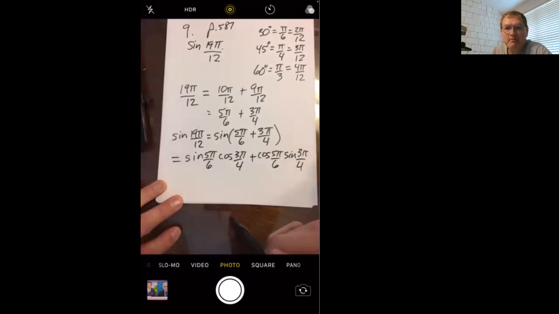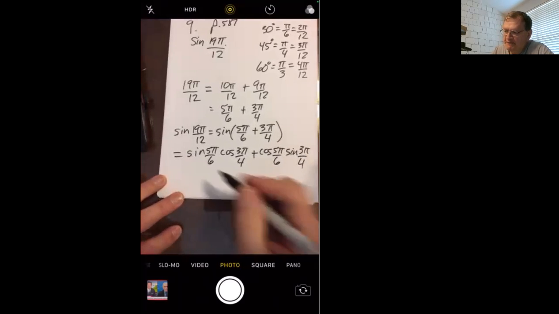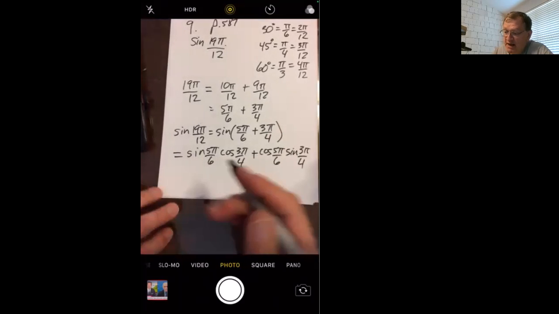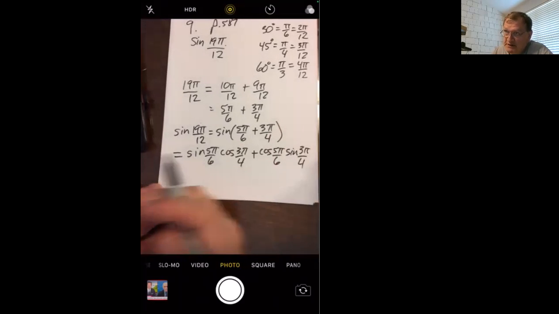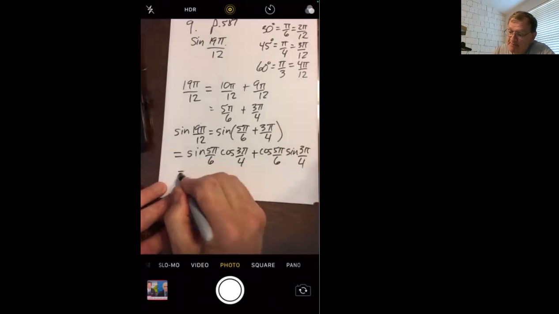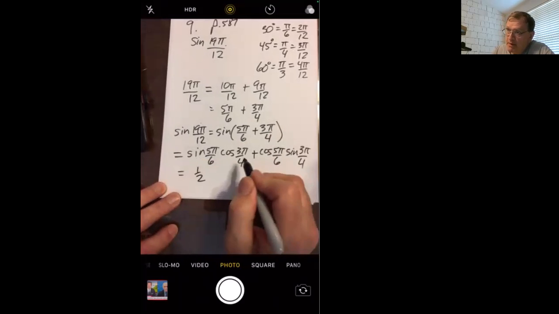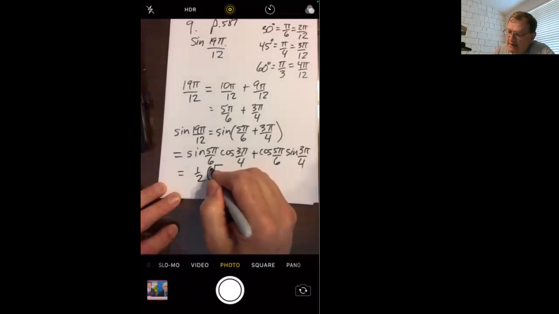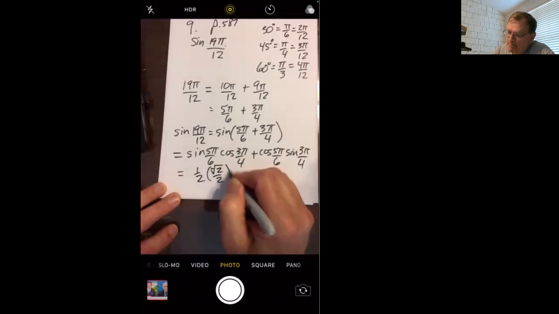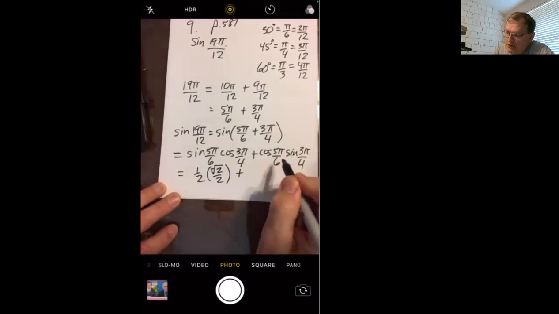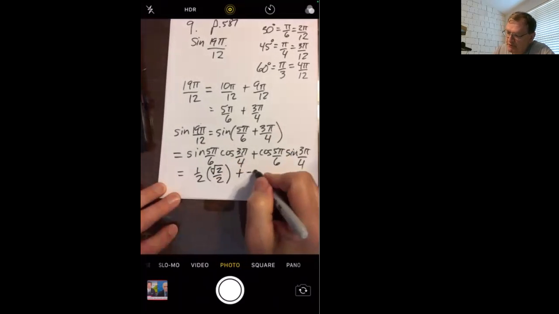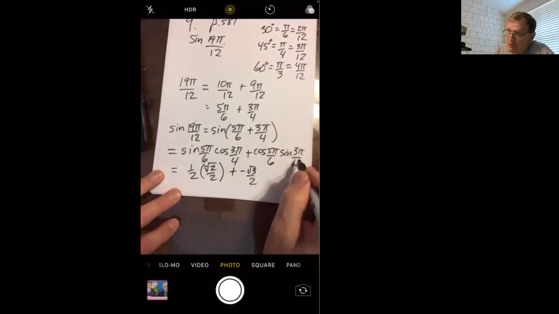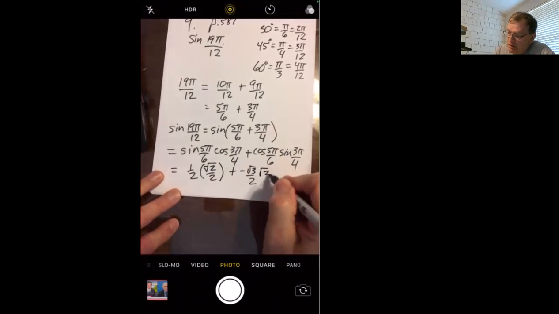All right, well, at 5 pi over 6, I don't know if you've got this unit circle in your head, you're at the 30 degree into the second quadrant, your sine would be a half. 3 pi over 4, cosine would be a negative root 2 over 2. Negative root 2 over 2 plus your cosine of 5 pi over 6 would be your negative root 3 over 2, and your sine 3 pi over 4 would be a positive root 2 over 2.